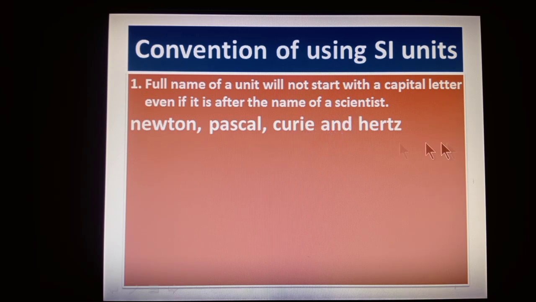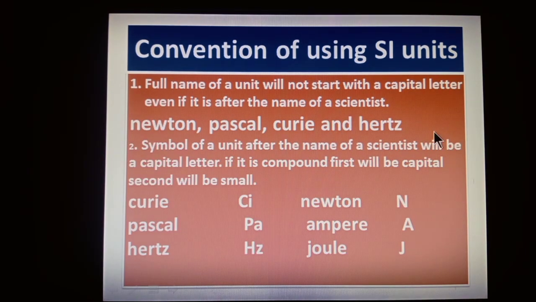Now we move on to the next point. Related to this, the symbol of a unit after the name of a scientist will be a capital letter. From symbols, you will identify that this unit is after the name of a scientist.